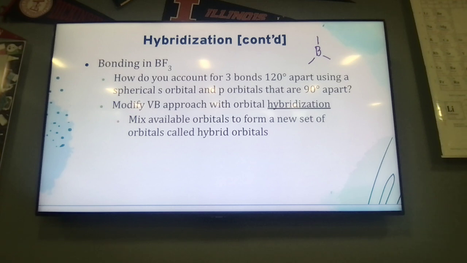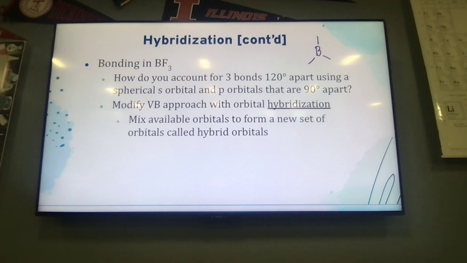We call them hybrid orbitals because they're not going to look like an s and they're not going to look like a p. They're going to have their own unique shape. That's the logic of how this is going to work. If this part seems crazy, it's fine, because we're just going to fill things in on our chart.